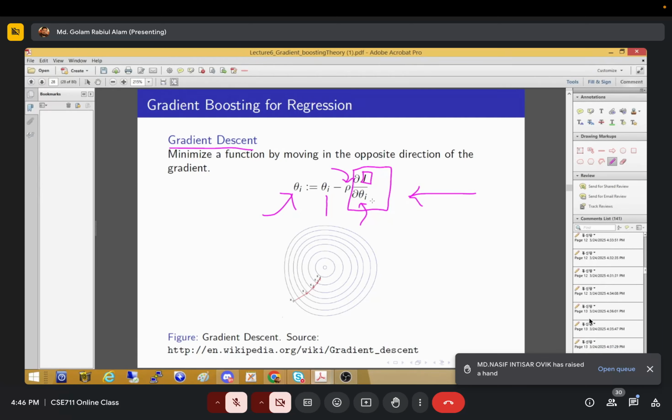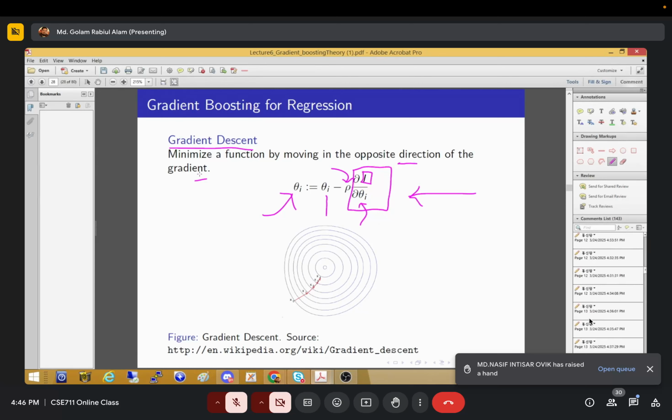That is the step size. The function moves in the opposite direction of the gradient. So if the gradient is positive, it will decrease the values of y. If the gradient is negative, it will increase the values of y. That is the opposite direction.